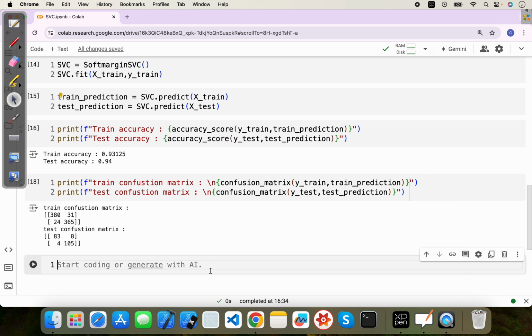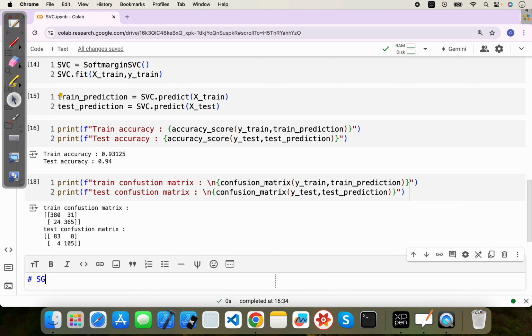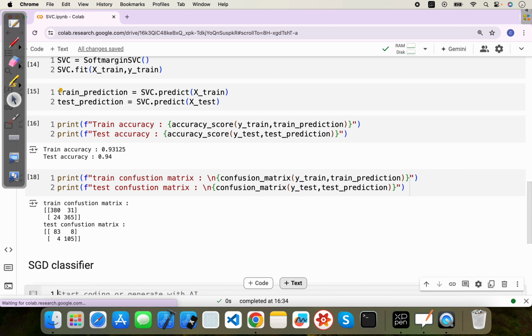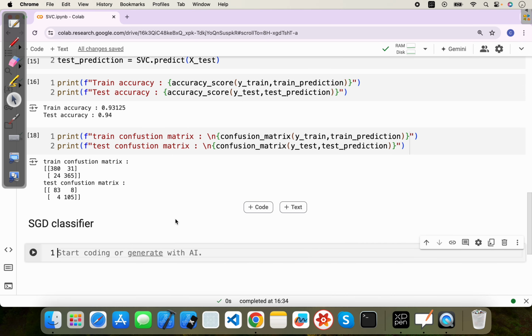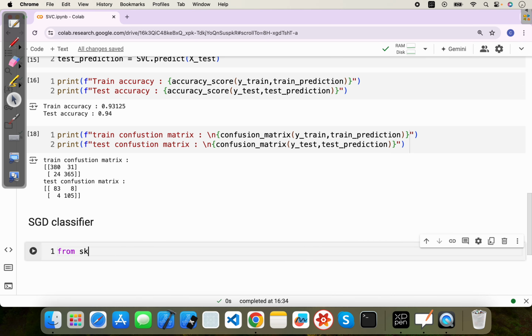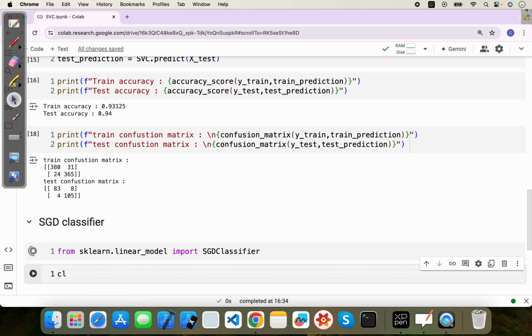So now let's see the sklearn implementation part, right? Let's say we use the SGD classifier with hinge loss, right? So we can use, let's say, from sklearn.linear_model, because SVM is a linear model, right? Import SGDClassifier. Let's say clf is equal to SGDClassifier.